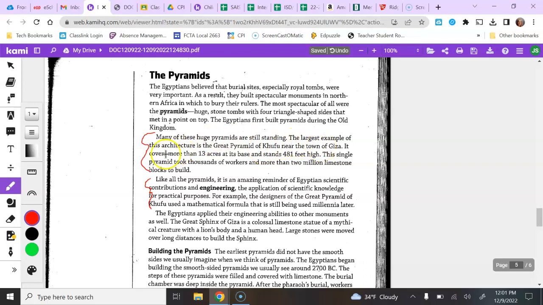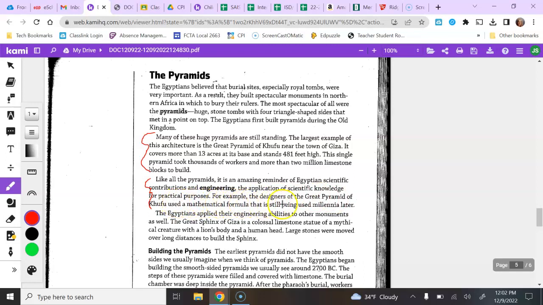Many of these huge pyramids are still standing. The largest example of this architecture is the Great Pyramid of Khufu near the town of Giza. It covers more than 13 acres at its base and stands 481 feet high. This single pyramid took thousands of workers and more than 2 million limestone blocks to build. Like all the pyramids, it's an amazing reminder of Egyptian scientific contributions and engineering, the application of scientific knowledge for practical purposes.